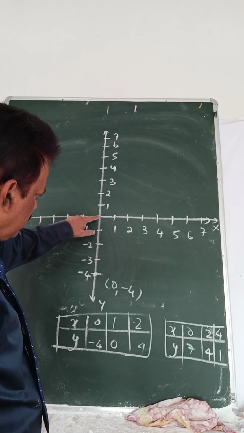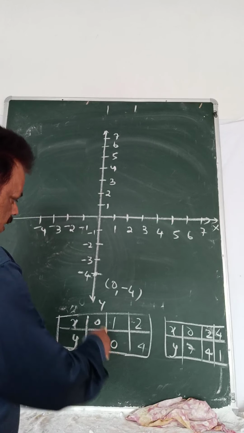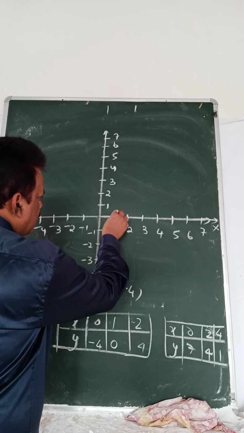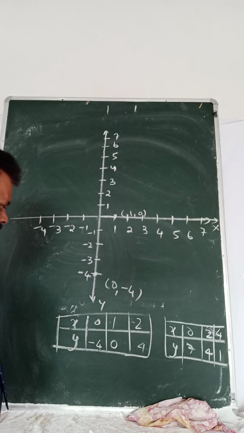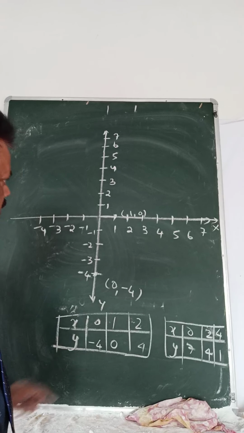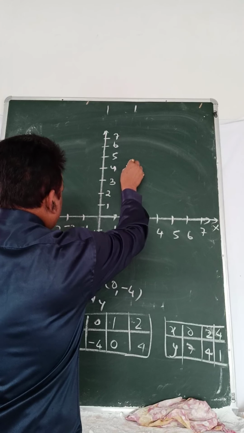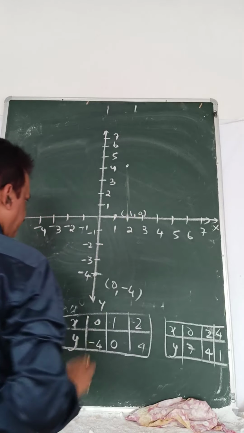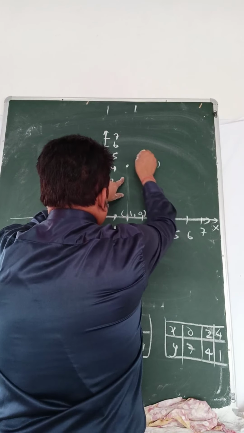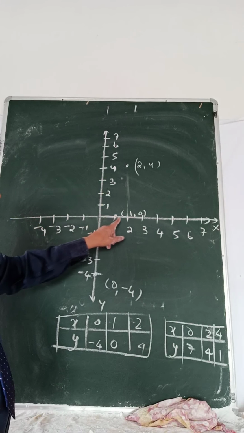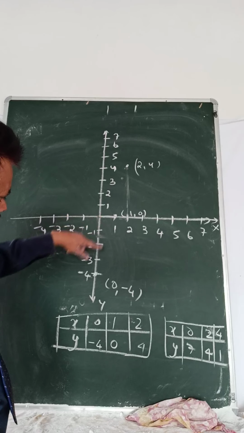Then (1, 0), x is 1, y is 0, means this point. Then (2, 4), try to see, x is 2, y is 4, means this point. See once more, x is 2, y is 4. So you got 3 points.